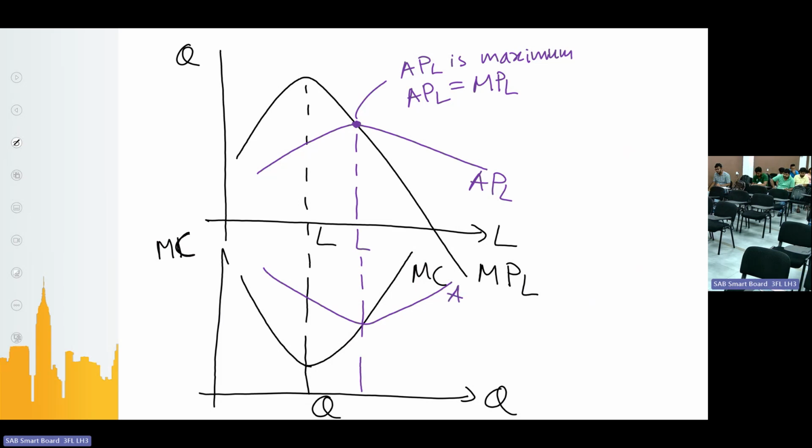This is AVC. The corresponding level of output, AVC is minimum. And at the same point, AVC is equal to MC.